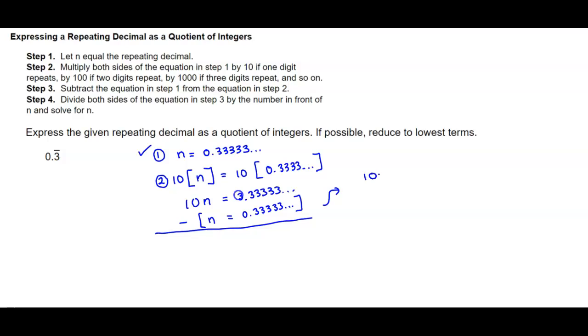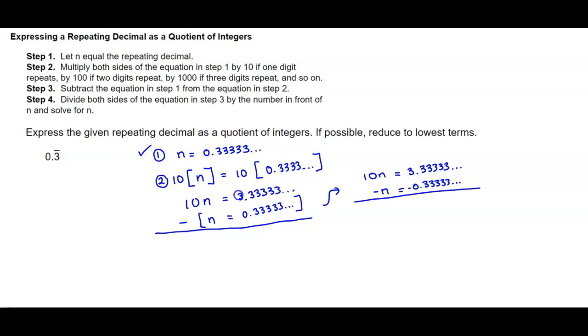So this becomes 10n again, which is equal to 3.33333 dot dot dot. And when we subtract, we get negative n, which is equal to negative 0.3333 dot dot dot.